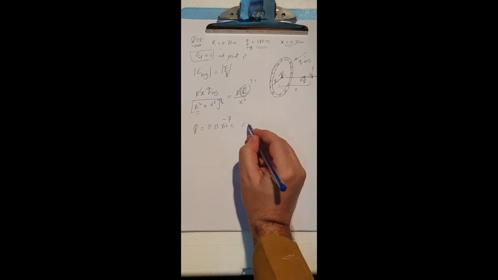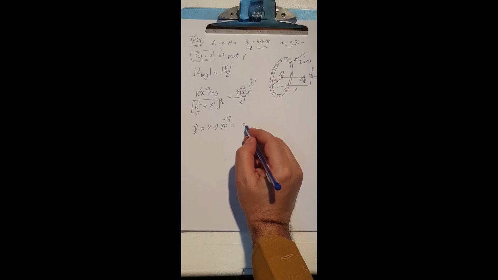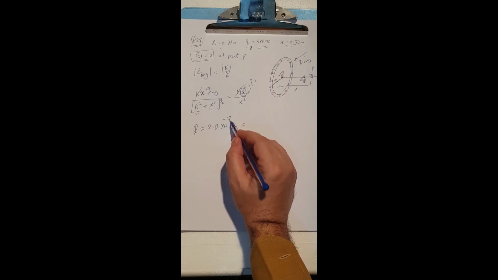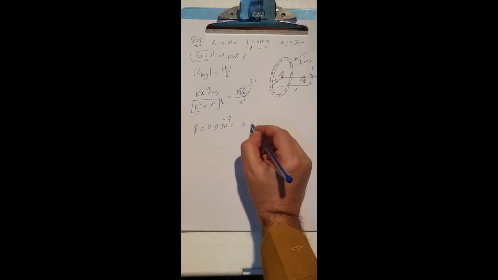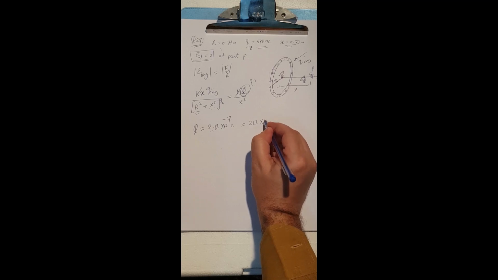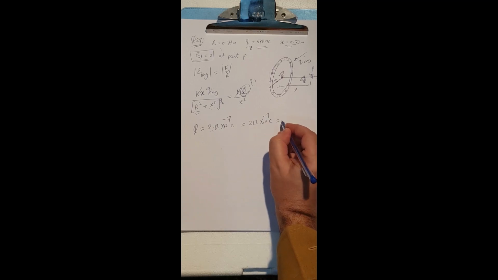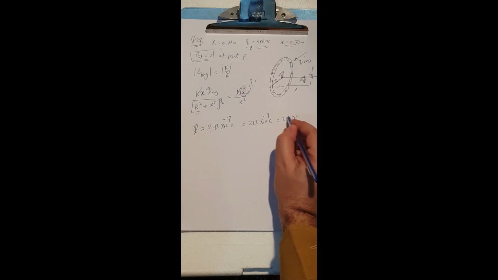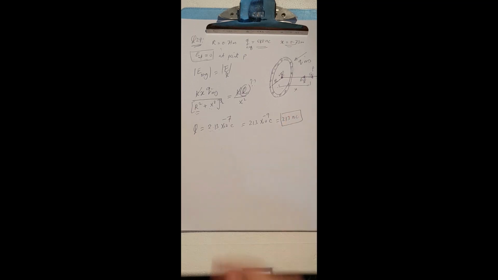You can change it to nanocoulomb. So you need a minus 9 here. This will increase by 2. So 213 times 10 to the power minus 9 coulomb, and it's 2.213 nanocoulomb. This is the value of the charge.